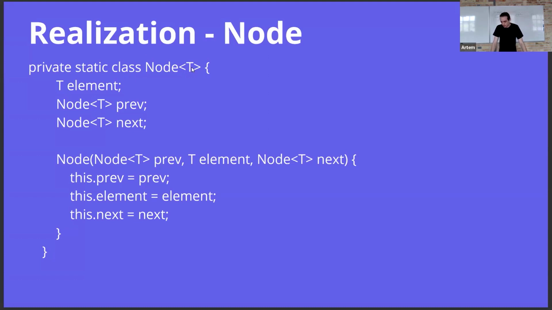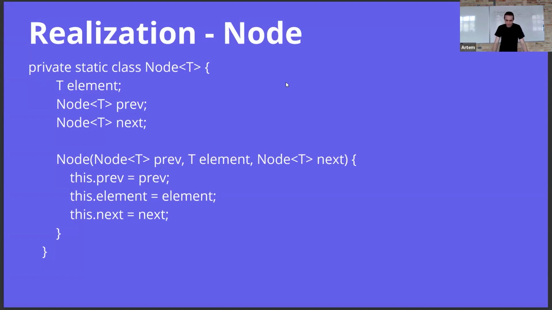Generic types work in such a way that we can work with this type inside the class, even though we don't know what this type will be at the moment when we are creating this class. So this is a pretty dynamic structure. We will know what this type is only when someone creates an object of this class.